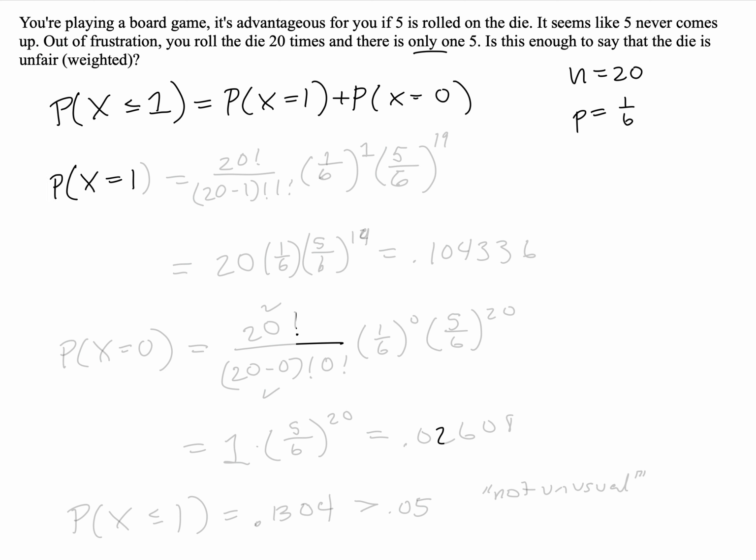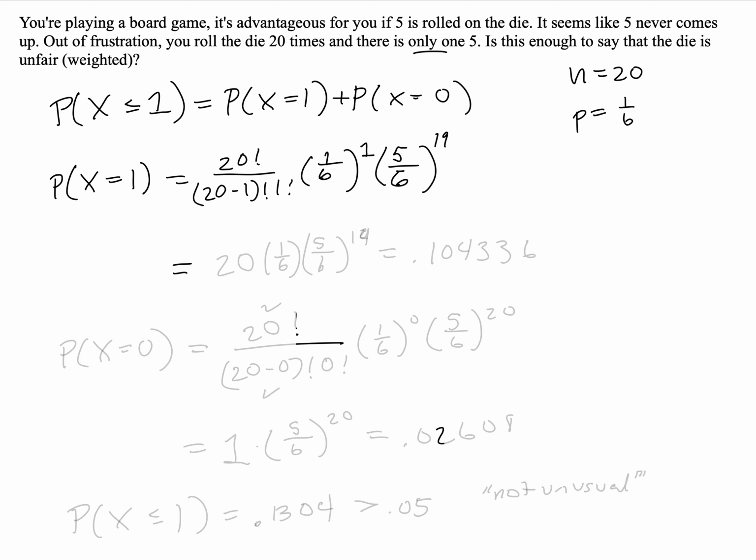The probability that x is 1 is n factorial divided by n minus k factorial times k factorial, multiplied by the probability of success, 1/6 to the kth power. We just had 1, 5 in this case, times the probability of failure, 5/6, the probability the die is not a 5, to the 20 minus 1, the 19th power.